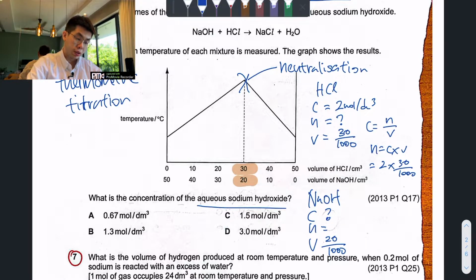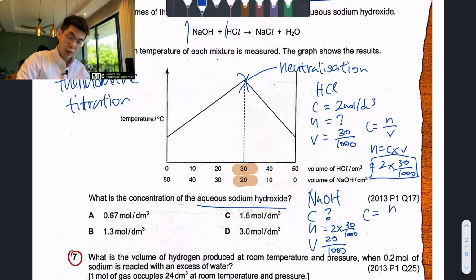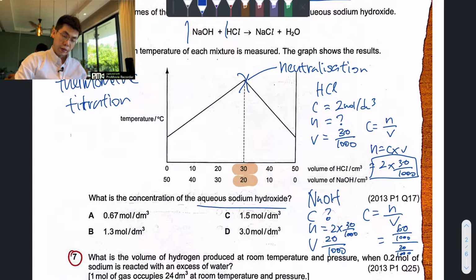Because the mole ratio here is 1:1, this is also the number of moles of NaOH. So 2 times 30 over 1000. So in order to find out the concentration of NaOH, I need to have C equals N over V. So that equals 60 over 1000 divided by 20 over 1000. Right? And then that would be equal to 3.